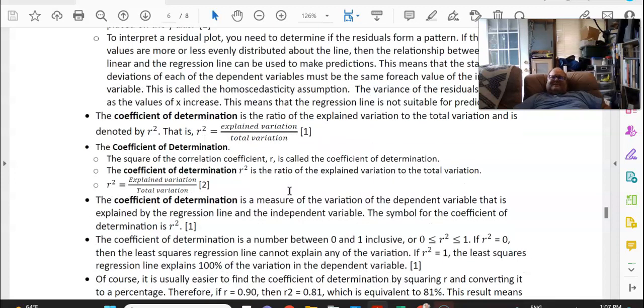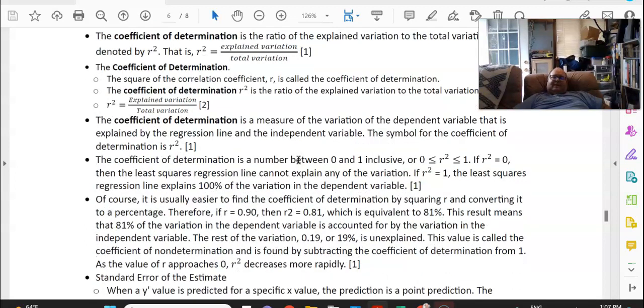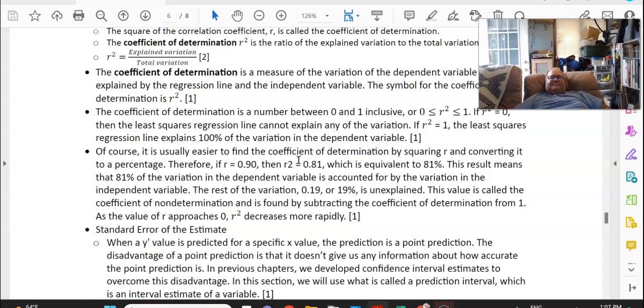The closer this is to 1, the stronger the regression or the correlation. The closer it is to 0, the weaker it is. An r squared of 0 tells us that nothing is explained, where an r squared of 1.0 tells us that everything is explained.